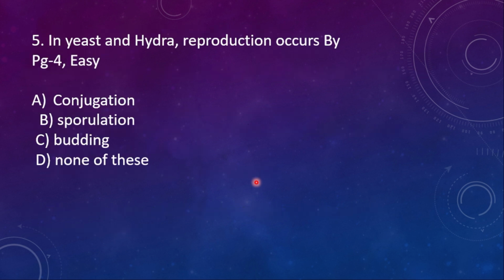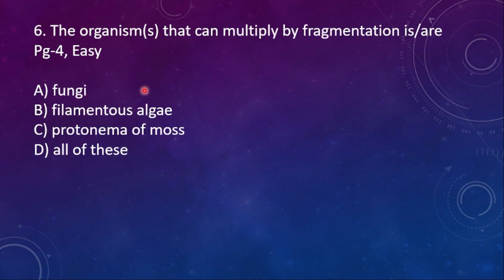Fifth question. In yeast and hydra, reproduction occurs by which kind? First, conjugation. Second, sporulation. C is budding. None of these. So the answer is C, budding. Sixth one.